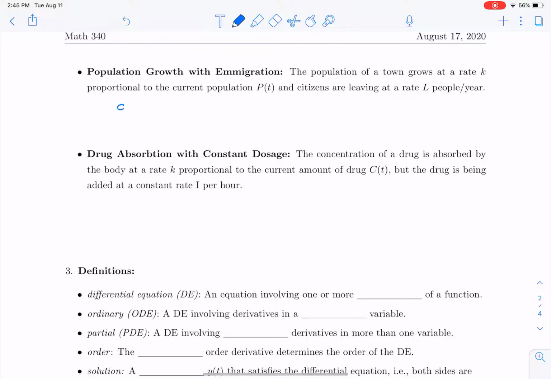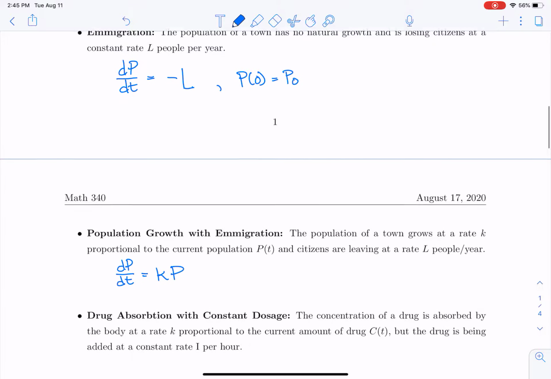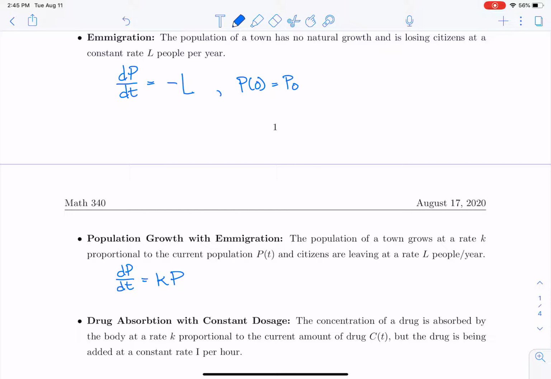So dP/dt is going to equal k times P. But then that town is going to lose people at a rate L. The way that we do this is that we combine the two differential equations that we had before. So first we had the growth, dP/dt equals k times P. But then we had the loss at a rate L per year. So we just combine them by putting minus L here.